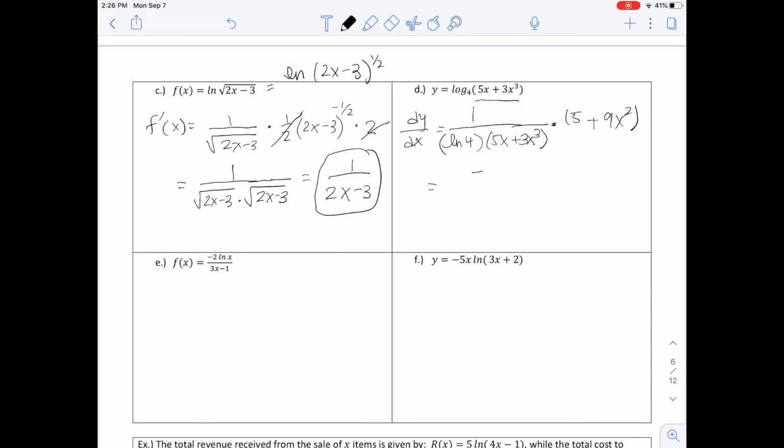From here we can just clean this up a little bit, and we have 5 plus 9x squared divided by ln of 4 times 5x plus 3x cubed.